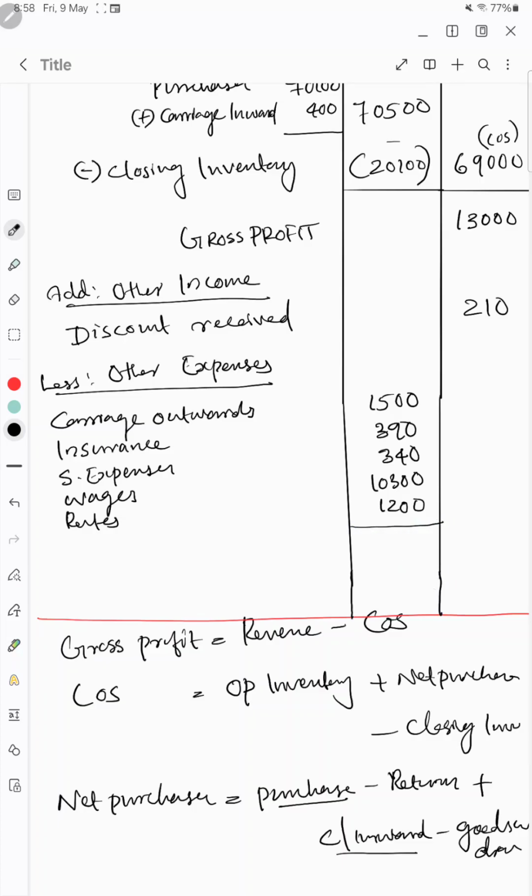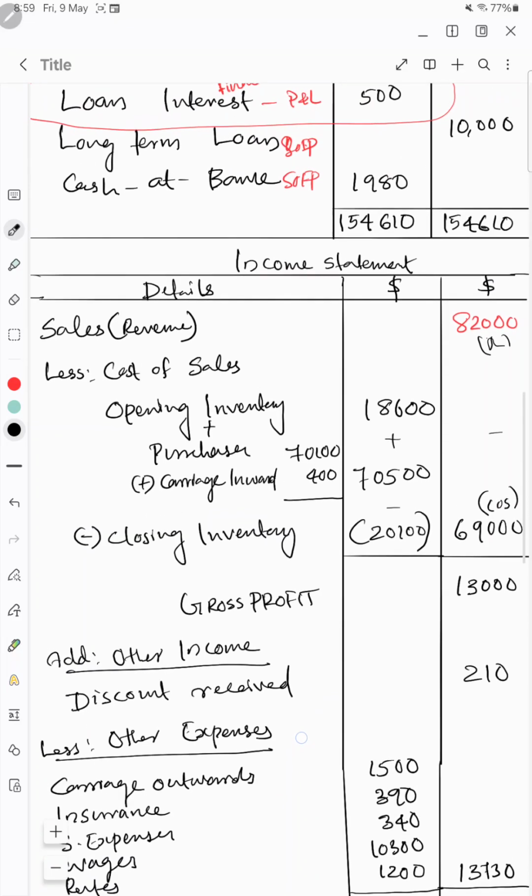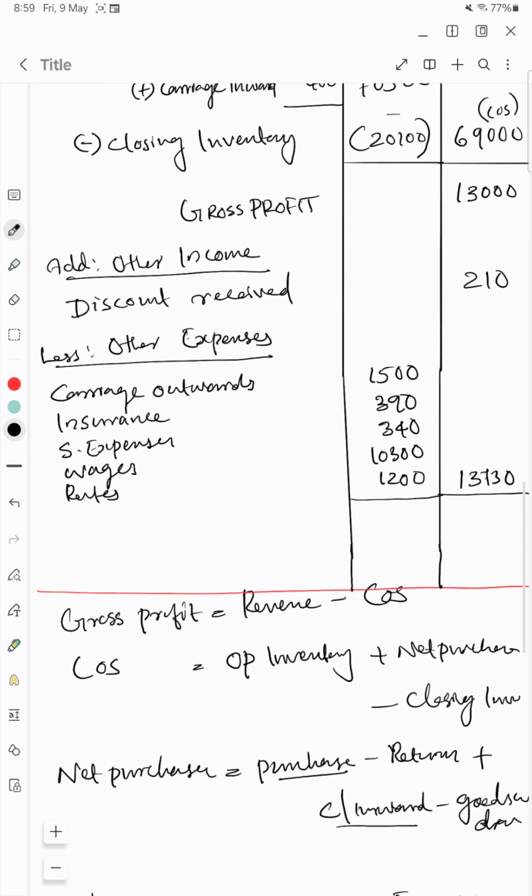So the total expenses we can calculate: 1500 plus 390 plus 340 plus 10,300 plus 1,200, which is 13,730. So we have to calculate the operating profit here. Operating profit is the profit before loan interest. Then only we will get net profit.